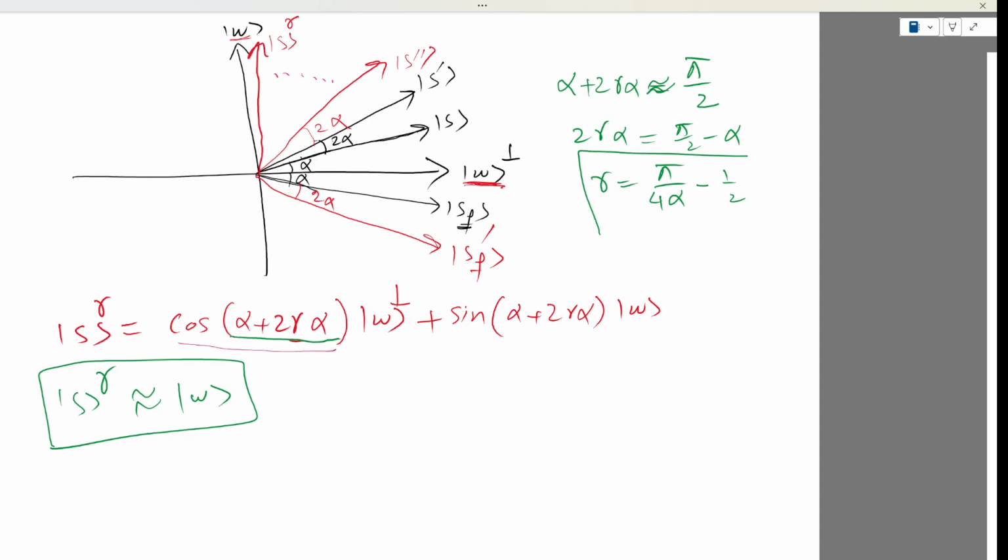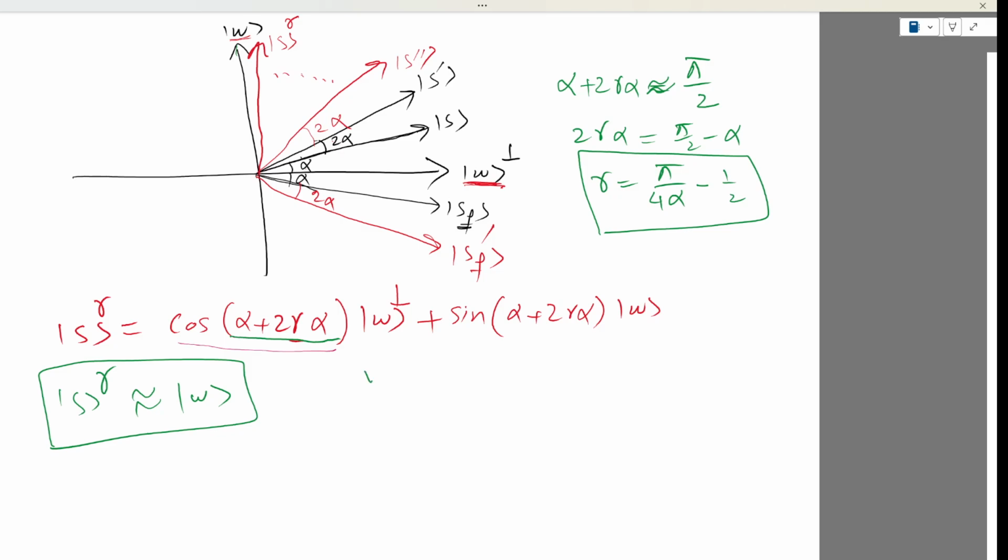So this is the value of R, and since this R in general is not an integer and we have to use only integer repetitions, we can always round it off to the lowest integer. For example, if it is 3.2, we can take 3 iterations, because that means that 3 iterations will get us closer to this W axis.